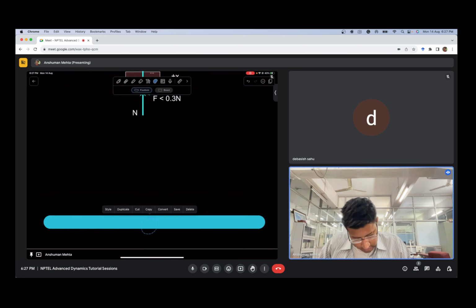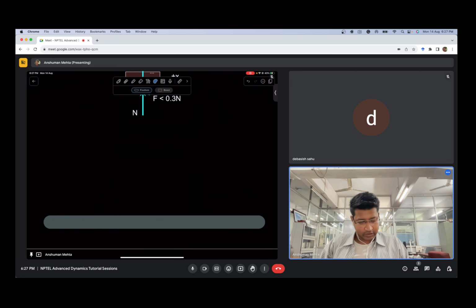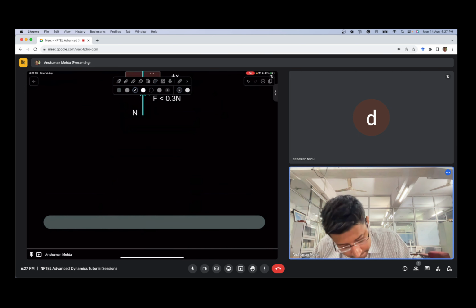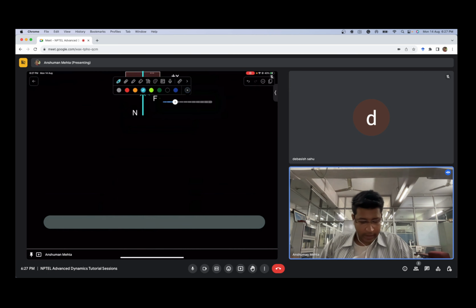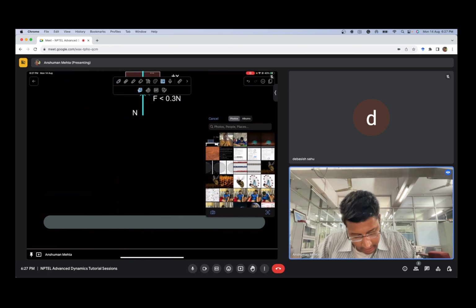Let me change the color to some gray. Okay, so this is the surface where the truck is traveling. Let us bring that truck back.